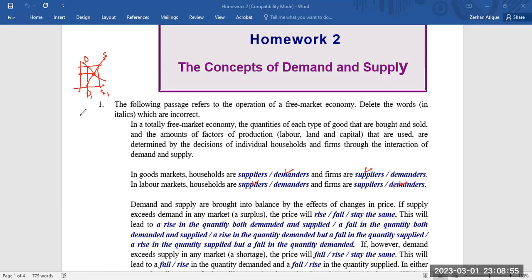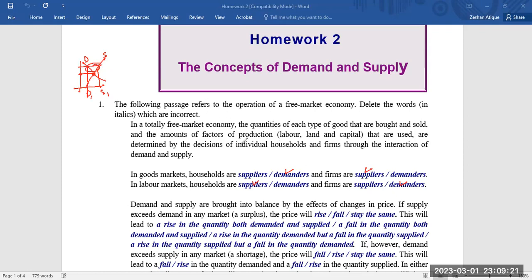Now, if there is an excess supply, what happens in the market? Whenever you have this excess supply, the market adjusts itself. That is the power of the invisible hand. Whenever supply exceeds demand, what should happen to the price? The price should fall. Lowering the price can attract more people to buy the goods, and the producers may be able to sell the extra stock they have created.